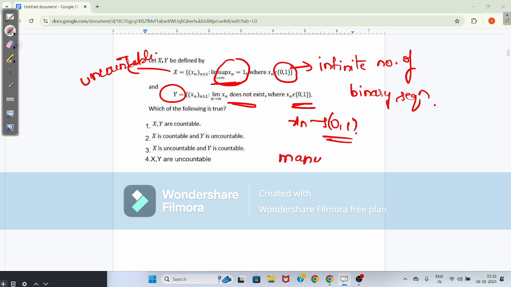It oscillates many times, between 0 and 1. So this value is also uncountable. So x and y are uncountable, which is the correct option here.